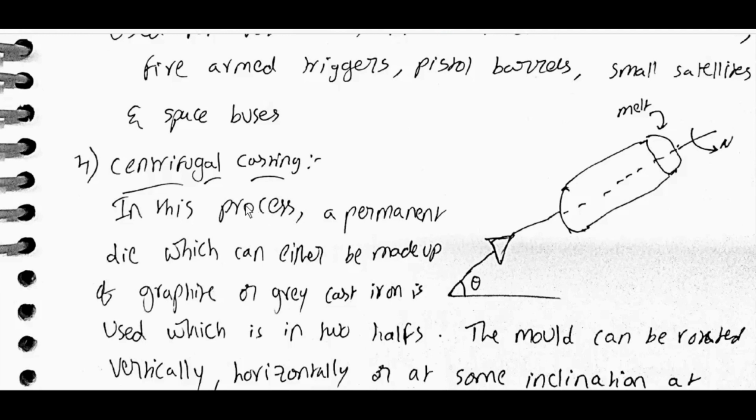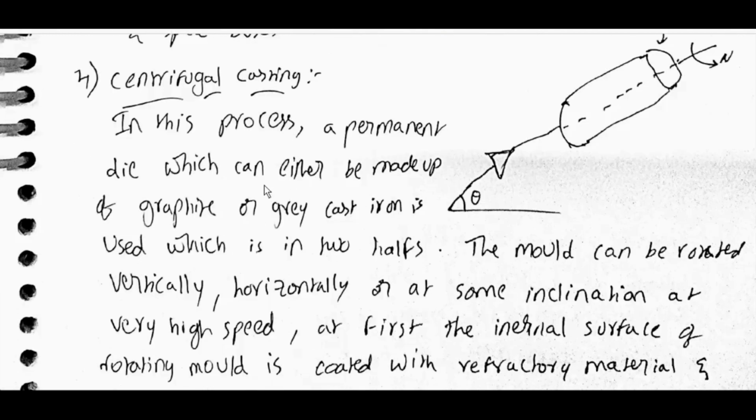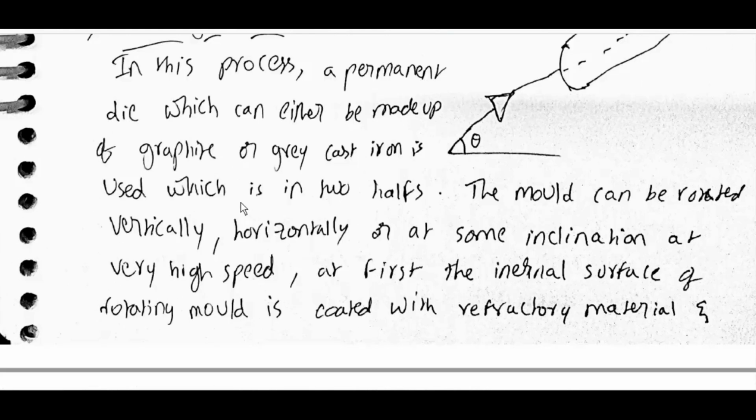Centrifugal casting: in this process, a permanent die which can be made of either graphite or grey cast iron is used, in two halves. The mold can be rotated vertically, horizontally, or at some inclination at very high speed.